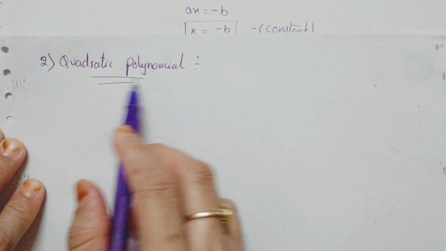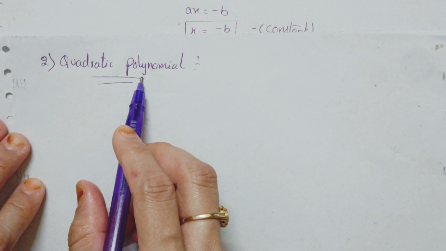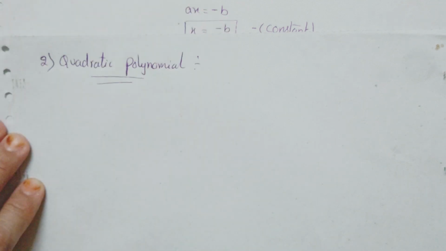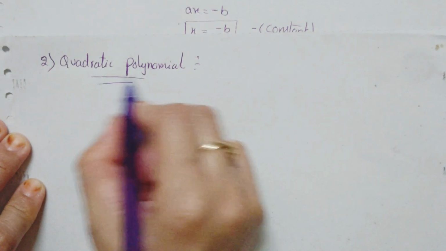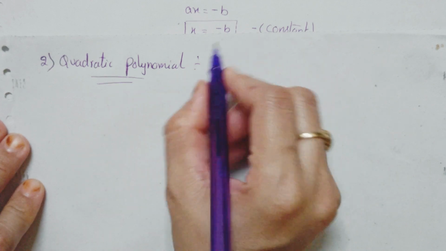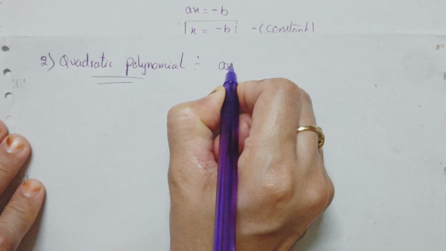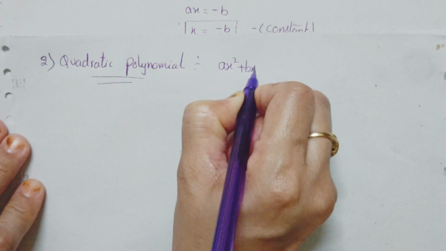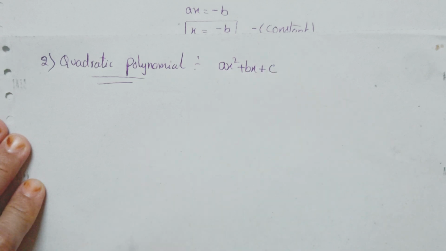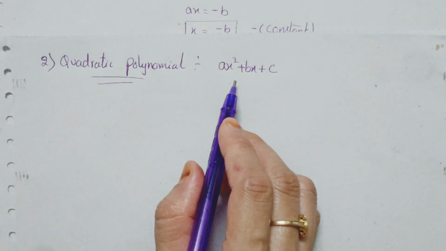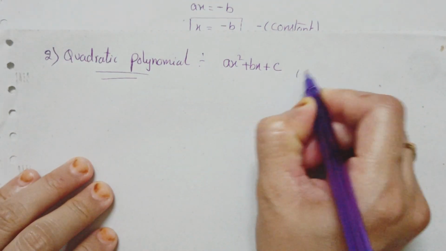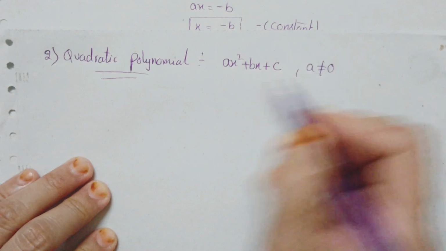A polynomial is said to be a quadratic polynomial if its degree is 2. What is the general form of a quadratic polynomial? We know this: ax square plus bx plus c, where a not equal to 0.